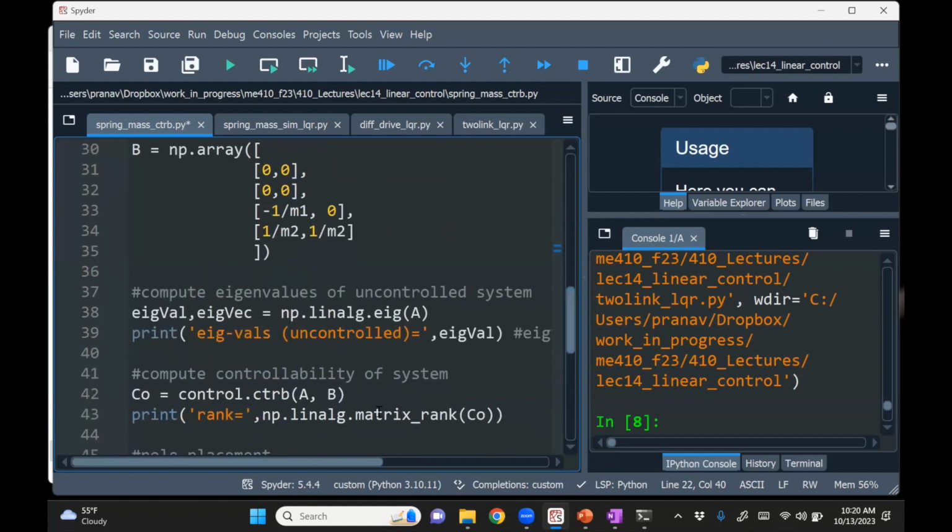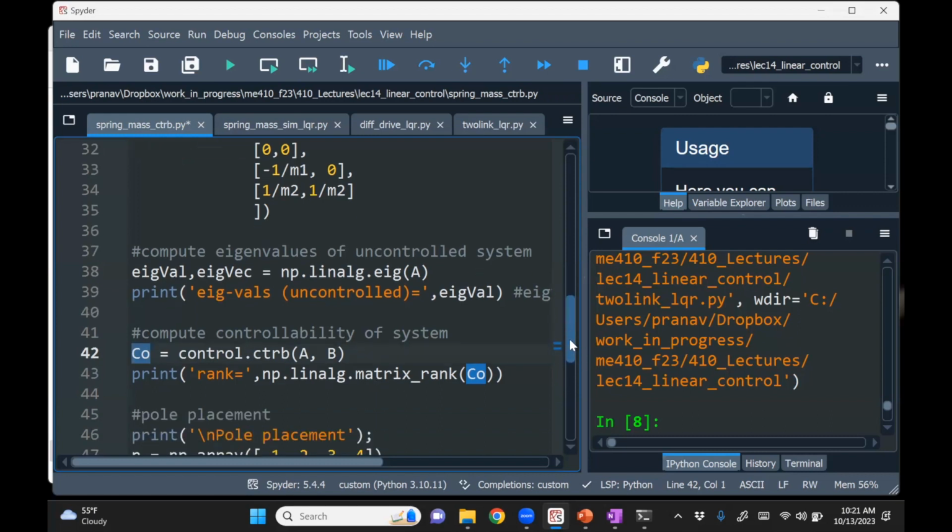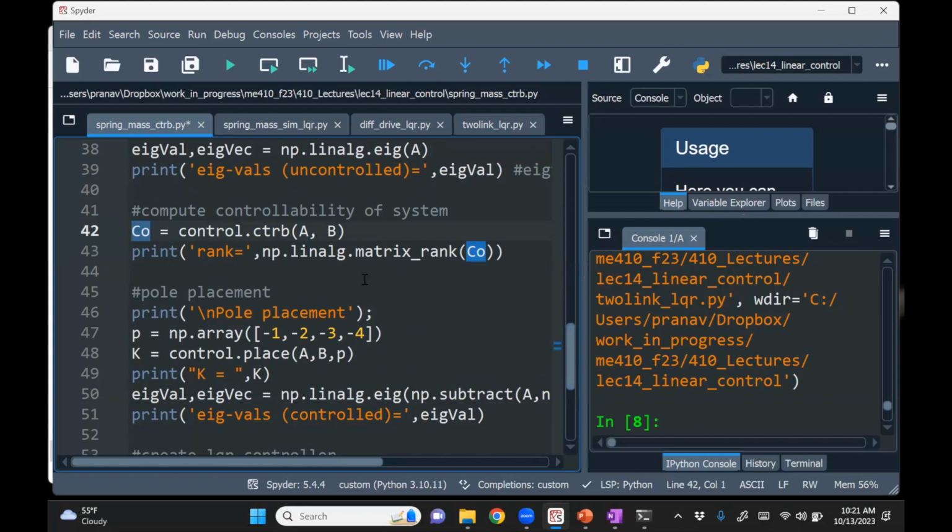Now, I said that you could compute the eigenvalues of A to find if the system is uncontrolled. You could use the CTRB function to calculate the controllability matrix. Once I do that, I compute the rank using NumPy linalg matrix rank.